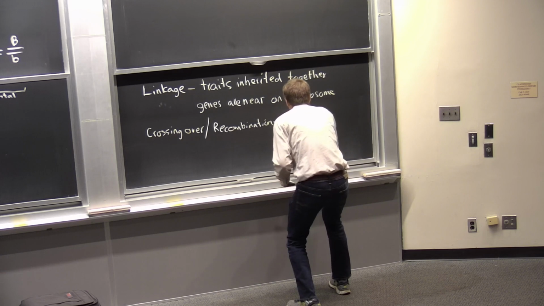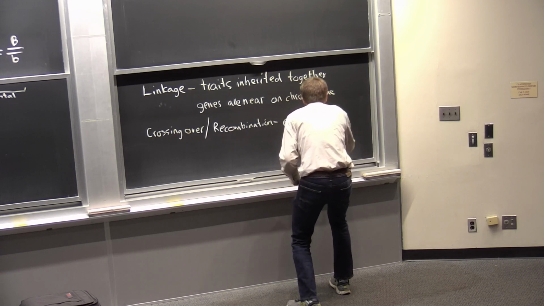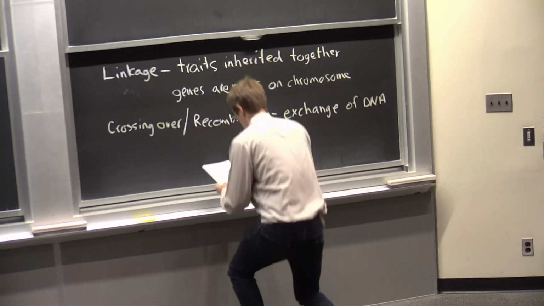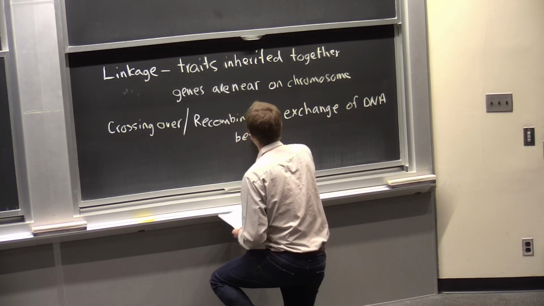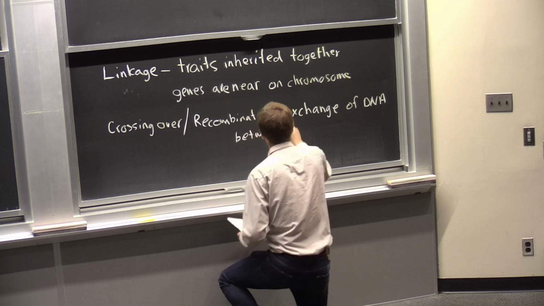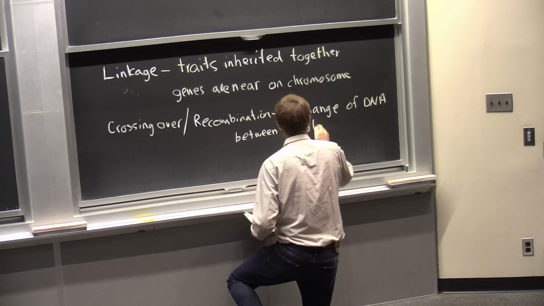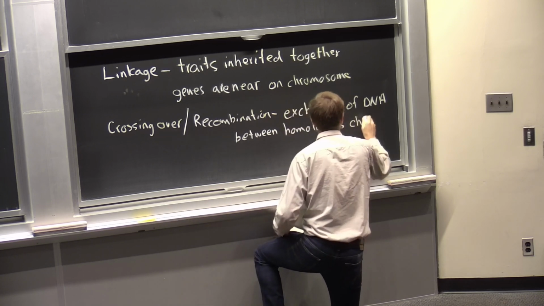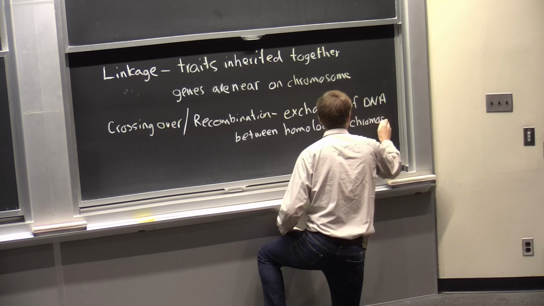So you can think of this as an exchange of DNA between the homologous chromosomes, okay? And that's important. It's not an exchange between the sister chromatids, but between the homologous chromosomes that have the different alleles.